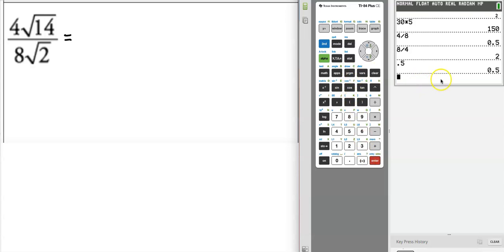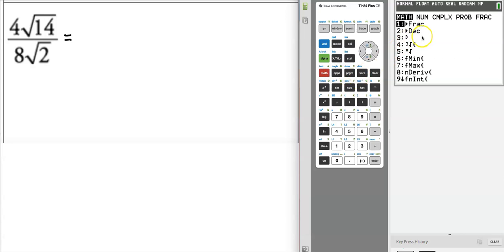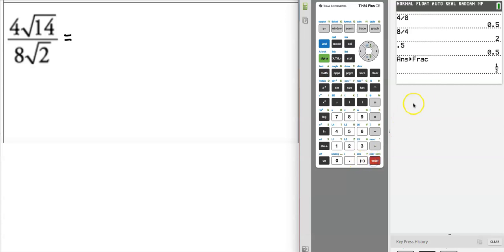Now, in the TI-84 calculators that we've been working with, I can turn that 0.5 into a fraction. To do that, I'm going to hit the math key, and then select number 1 for frac. I hit enter, and then enter again, and it turns it into a fraction.